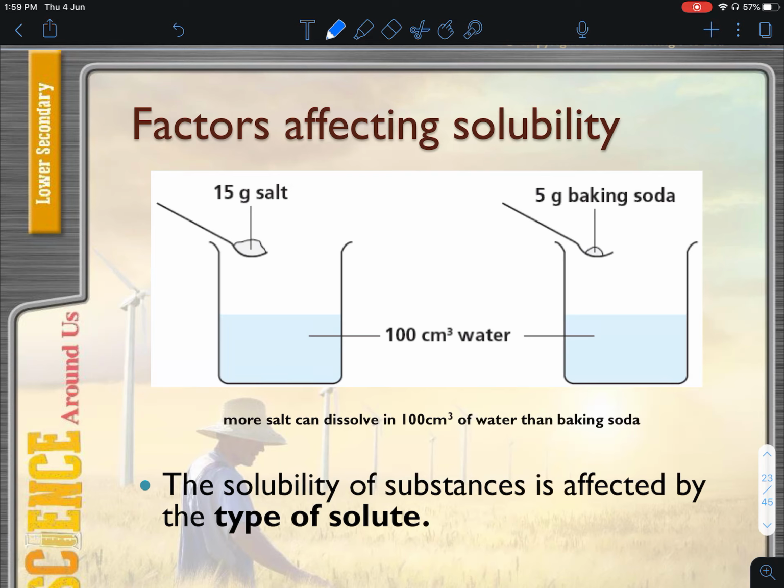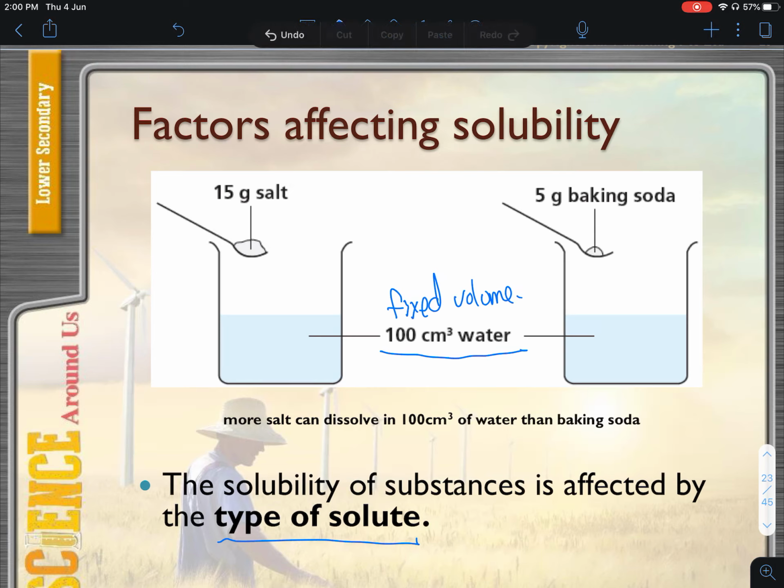Factors affecting solubility: in this case we use salt and baking soda, which can be affected by the type of solute. Now do take a look, this is actually using a fixed volume. That means the volume used here is the same for both situations, and I will assume that the temperature is also fixed, which is the same.